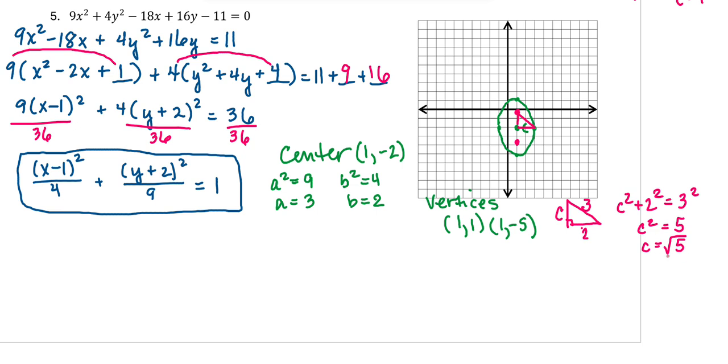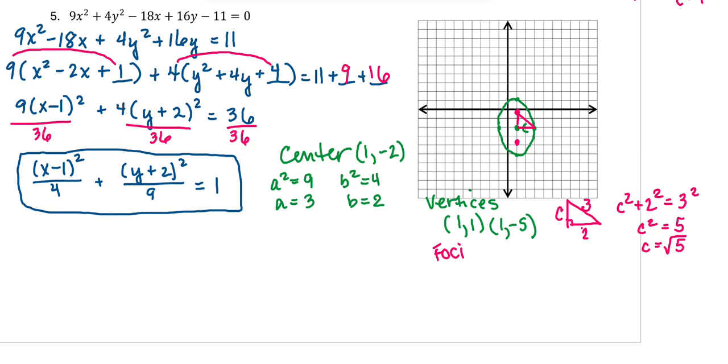Okay. We want to use that then to find the foci. Okay, so notice that the foci, if you start at the center, you need to go up square root 5 from the center and down square root 5 from the center. So the foci, write them right below the center.